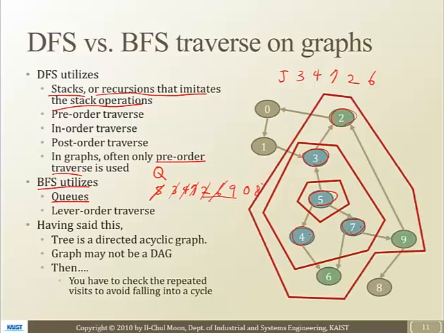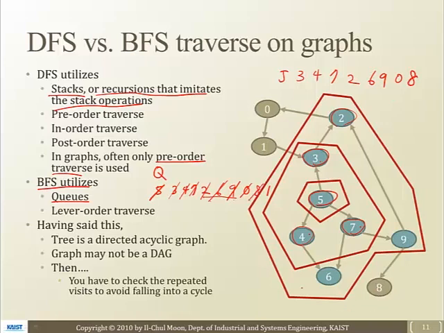So let's see. So 2, 6, 9 are being covered. And after that, we put 0 here and we put 1 in the queue. And 8 here, we put out 8 here, and then there is no further to enqueue.